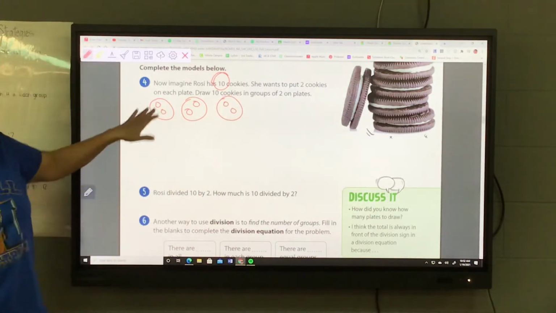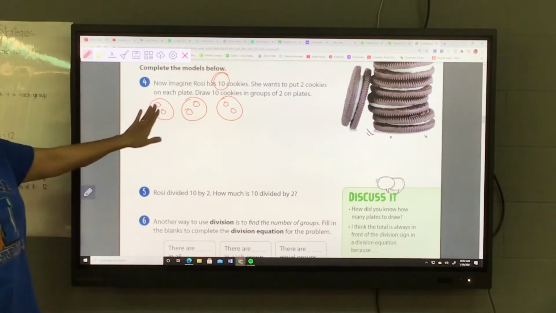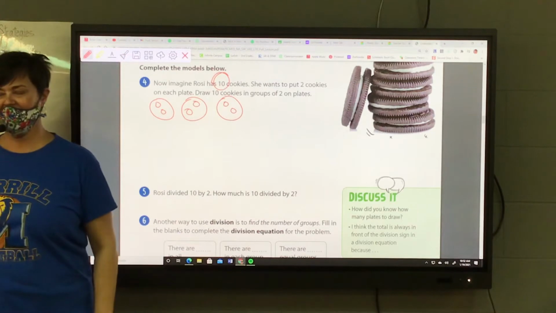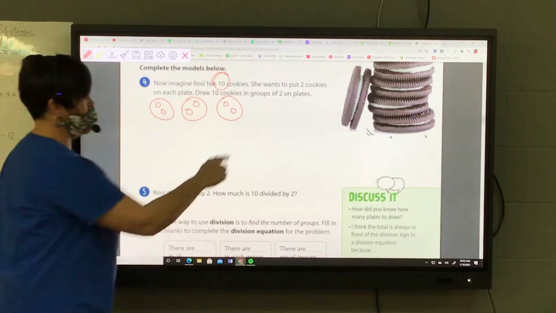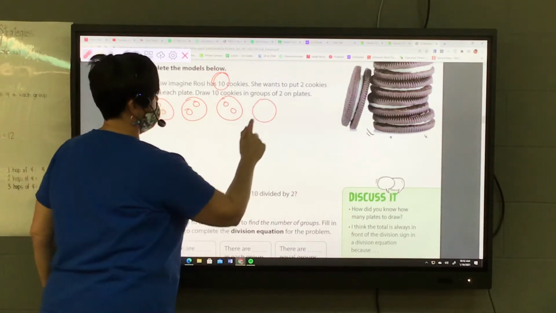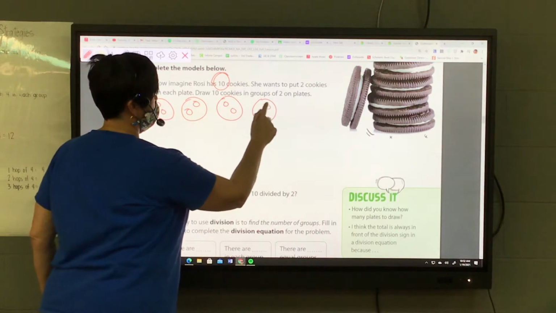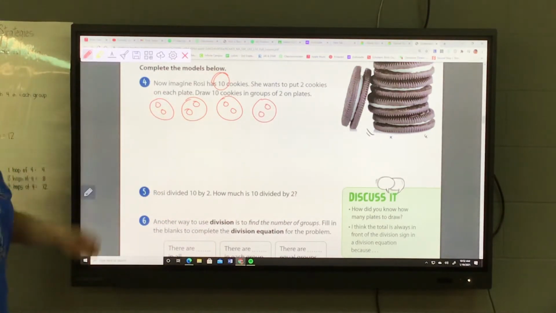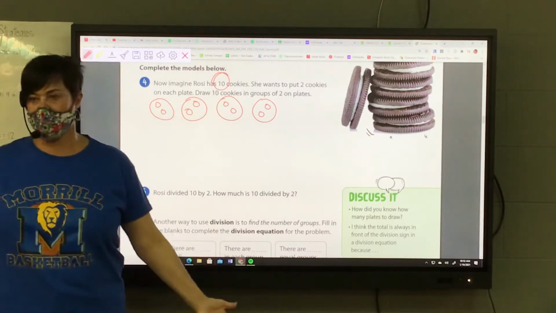How many cookies is this so far? 2, 4, 6. Am I done? No. Do I need another plate? Yes. With how many cookies? 2. Now how many cookies is that? 8. I'm not done yet, am I?